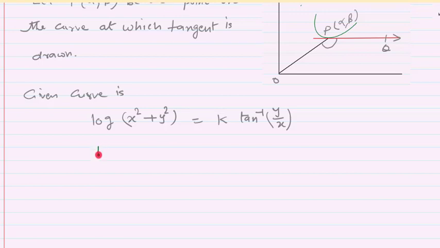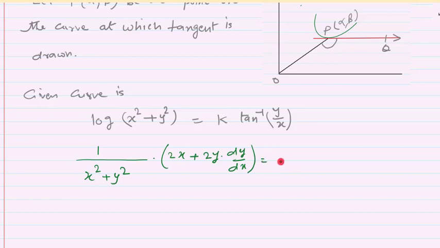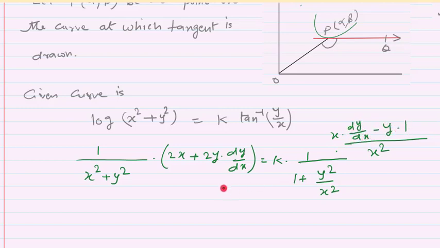So 1 upon x square plus y square into 2x plus 2y into dy upon dx is equal to k into 1 upon 1 plus y square upon x square into square of x in the denominator, and we are having x into dy upon dx minus y into 1. So on both sides we are using the chain rule.